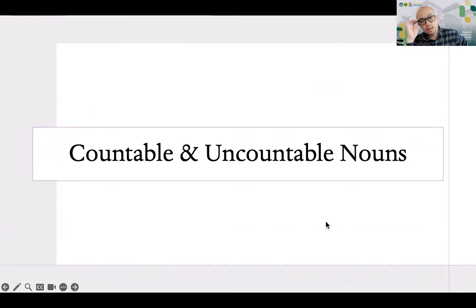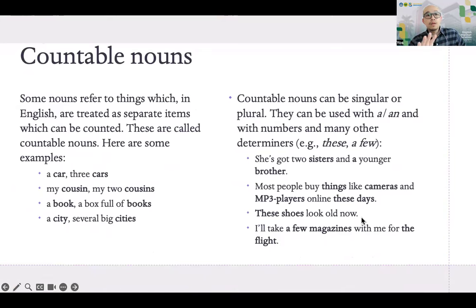Now let's talk about whether nouns can be counted or not: countable and uncountable nouns. Some nouns refer to things which in English are treated as separate items which can be counted.